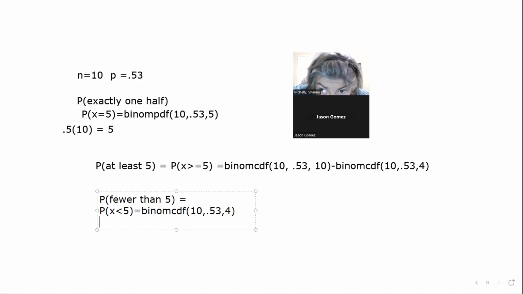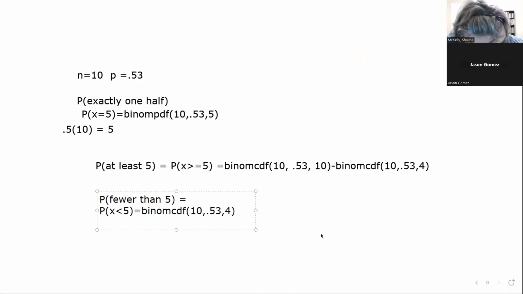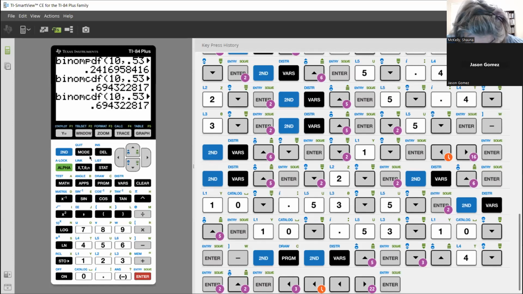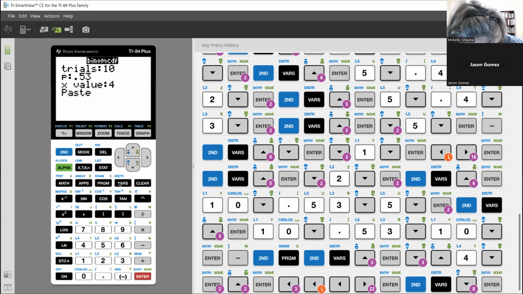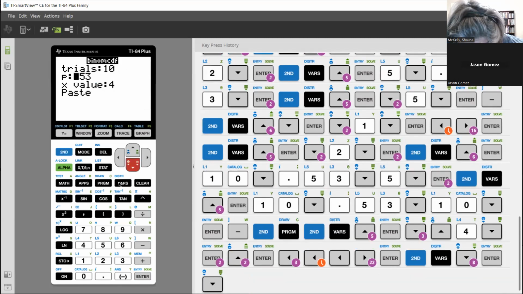So we get, oops, new share. Okay, can you see the calculator? Yes. All right, so second distribution. We have binomial CDF. Oh, this is going to be that one. 10, 0.53. And we're doing 4.